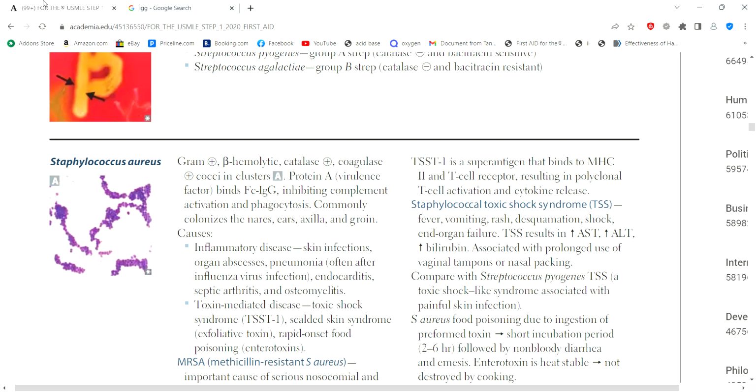So there are a few things that Staph aureus produces, and they result in different conditions: toxic shock syndrome, scalded skin syndrome, rapid onset food poisoning. Staph aureus secretes TSST-1, exfoliative toxin, and enterotoxins.